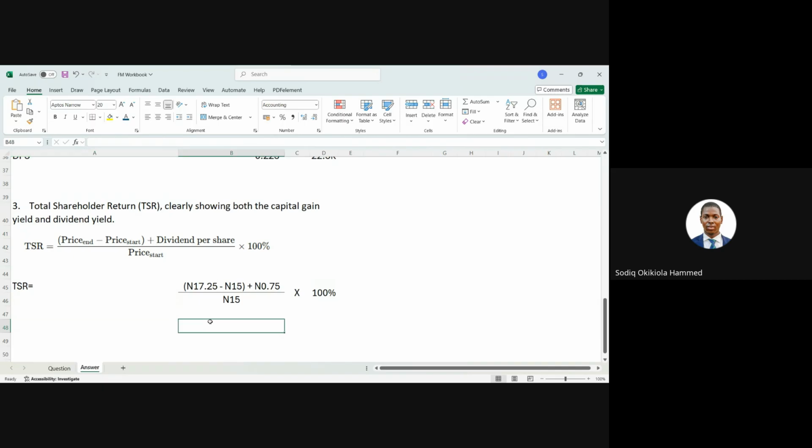So to solve it, I'm just going to use the formula. It's equal to 17.25 minus 15.